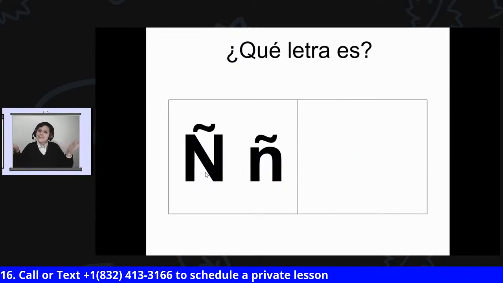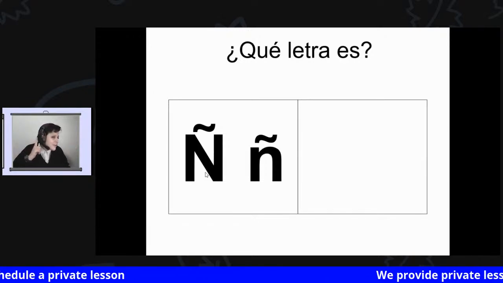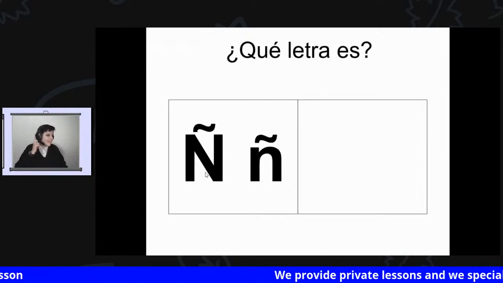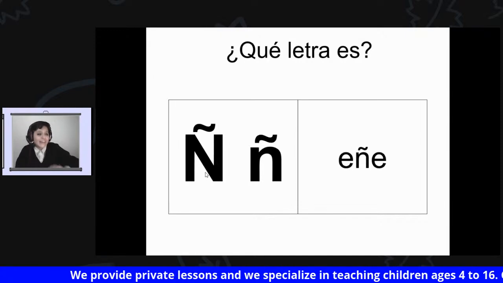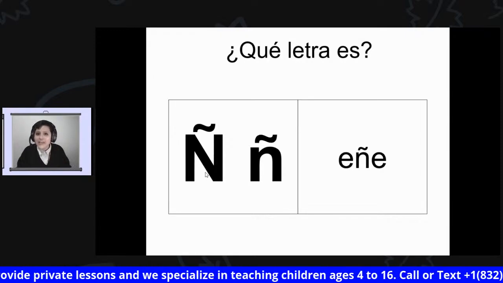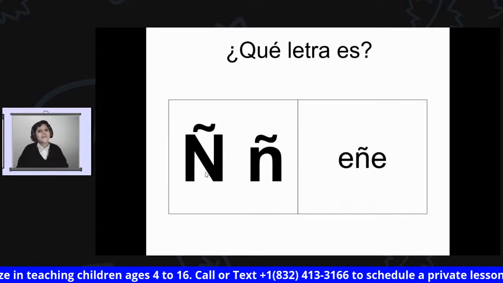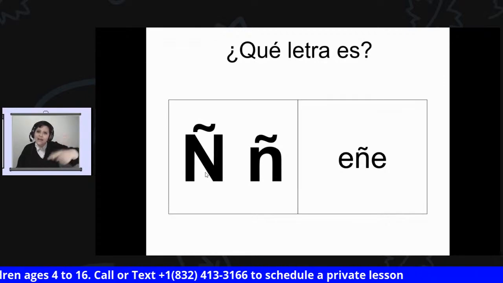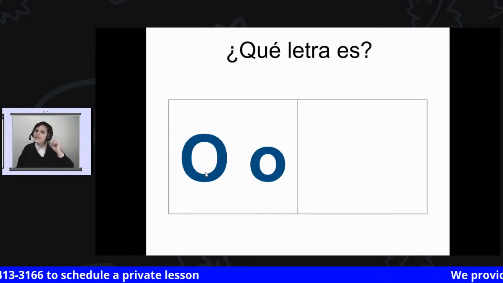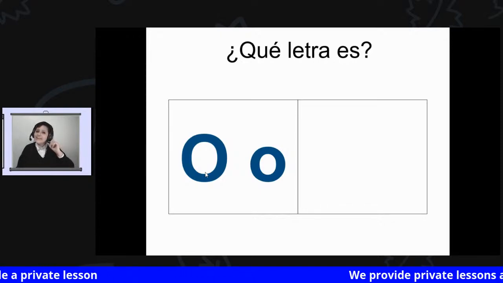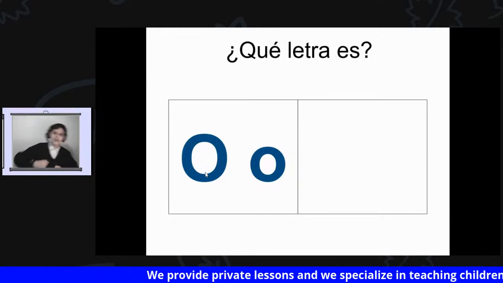¿Qué letra es? I cannot hear you. Say it louder. ¿Qué letra es? Ajá. It's la letra ñ. Ñ. And actually, I believe that only Spanish has this letter. Ñ. Repeat after me. Ñ. ¿Qué letra es? Es una letra gorda, grande.